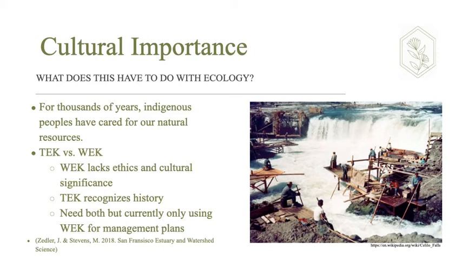In the world of ecology, restoration, and conservation, there are basically two schools of thought: Western ecological knowledge, which is WEK, and traditional ecological knowledge, which is TEK. Traditional ecological knowledge is the way that indigenous peoples have cared for our natural resources for thousands of years before colonizers reached North America.